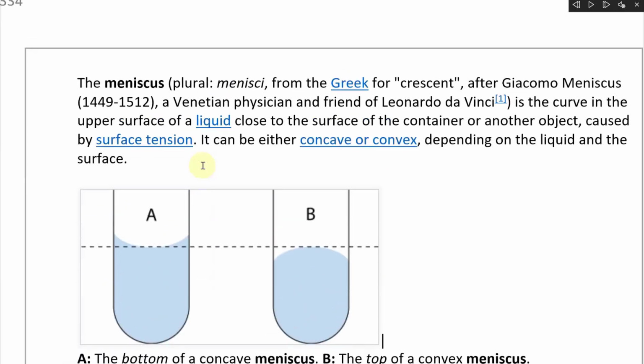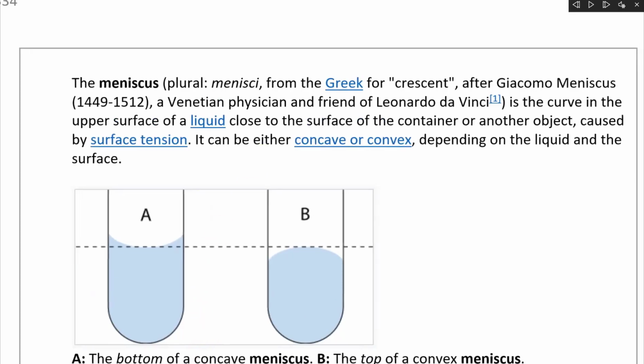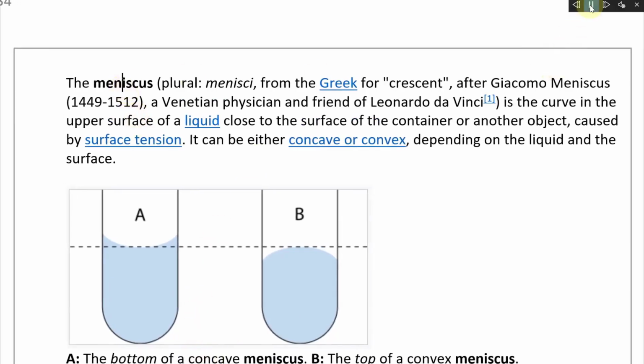Here I just added a brief snippet on the meniscus. So the meniscus, let's see the pronunciation here.